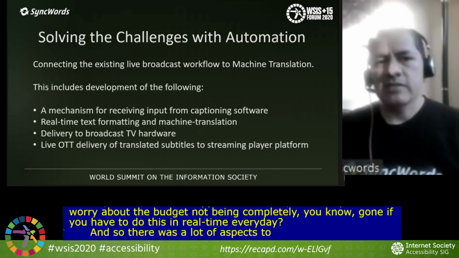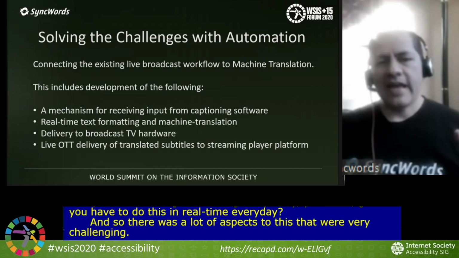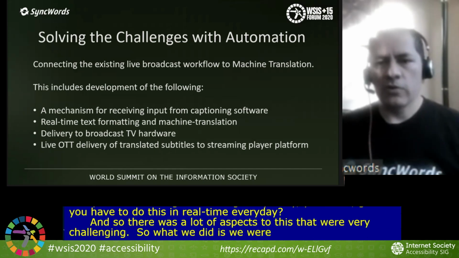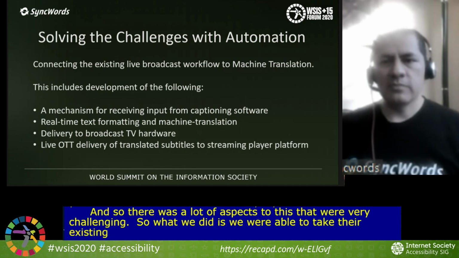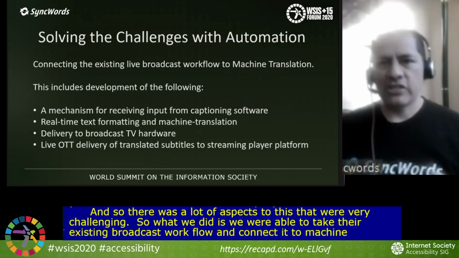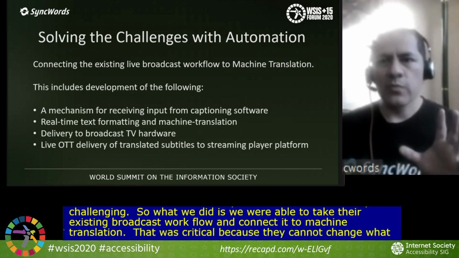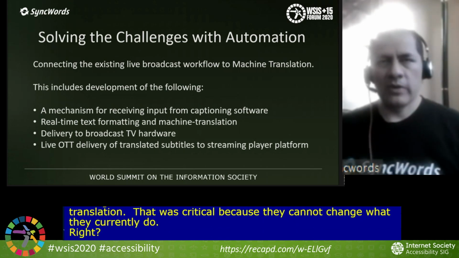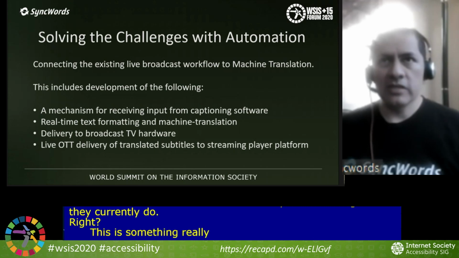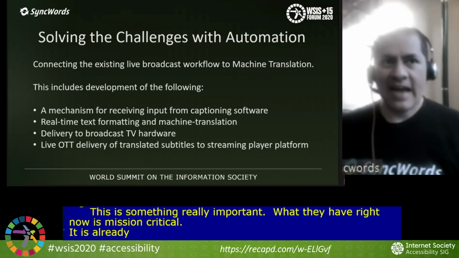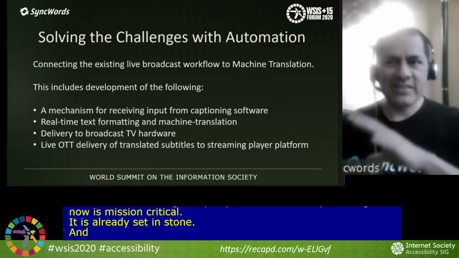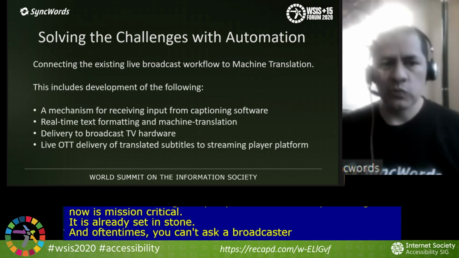So what we did is we took their existing broadcast workflow and connected it to machine translation. That was critical because they cannot change what they currently do, right? This is something really important. What they have right now is mission critical. It's already set in stone. And oftentimes you can't ask a broadcaster to change their entire workflow to add something new.